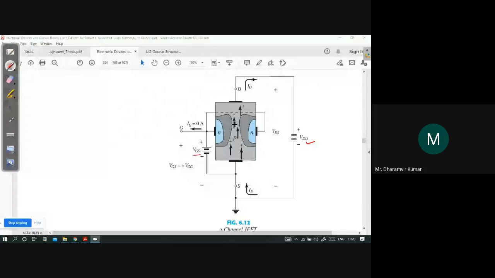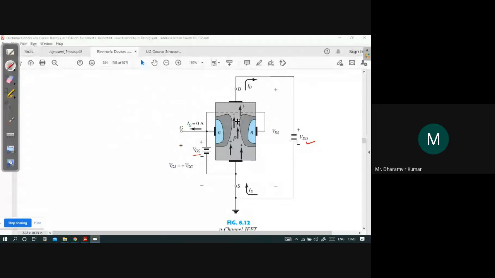It will actually determine the pinch off voltage. So this VGG will determine whether your pinch off voltage would be lower or higher. If the pinch off voltage comes earlier, then the amount of saturation current will be less. If the pinch off voltage comes later, then respectively the saturation current would be more.